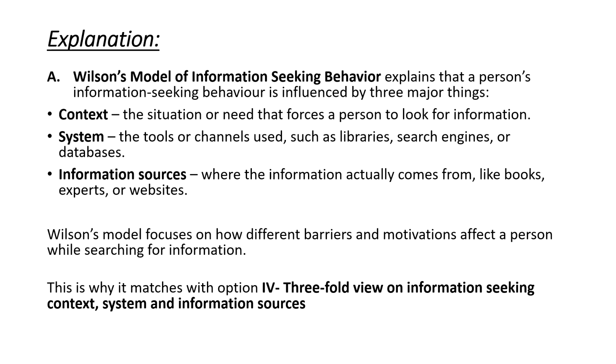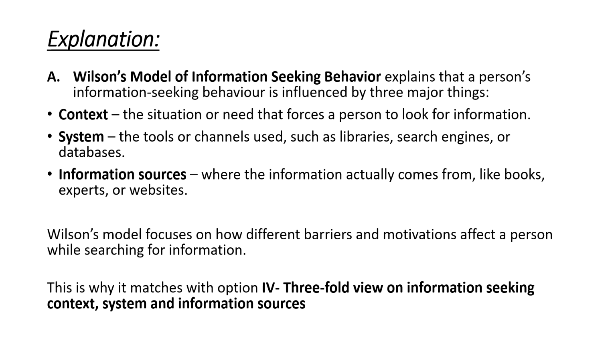Let's understand each option one by one. Option A is Wilson's model of information seeking behavior. It explains that a person's information seeking behavior is influenced by three major things. First is context, second is system, and third is information sources. Context refers to the situation or need that forces a person to look for information.